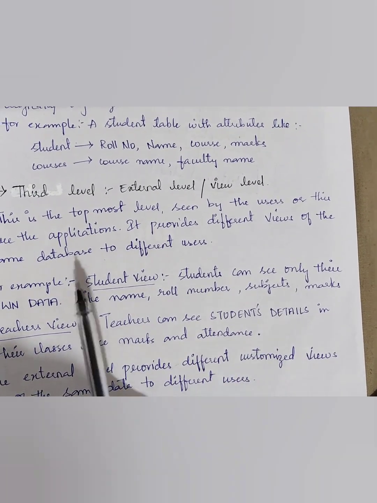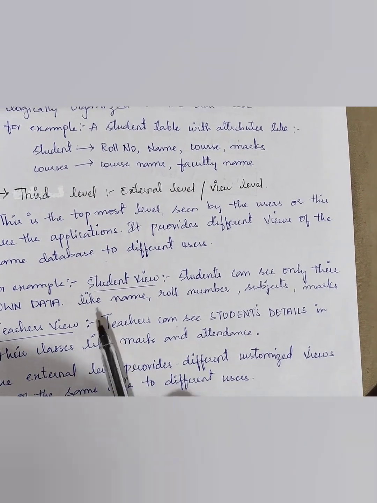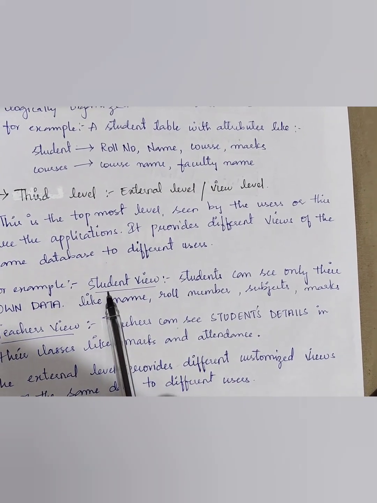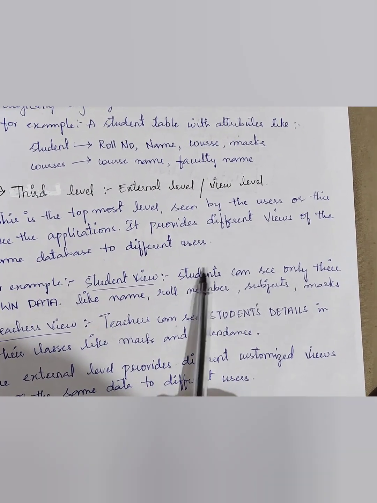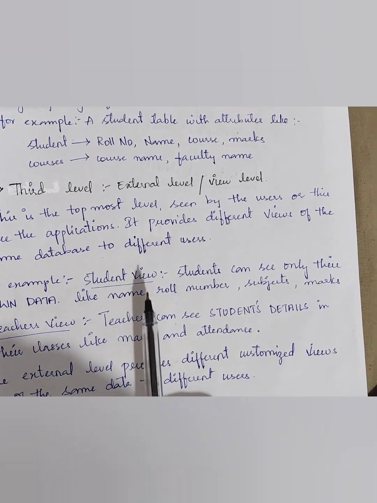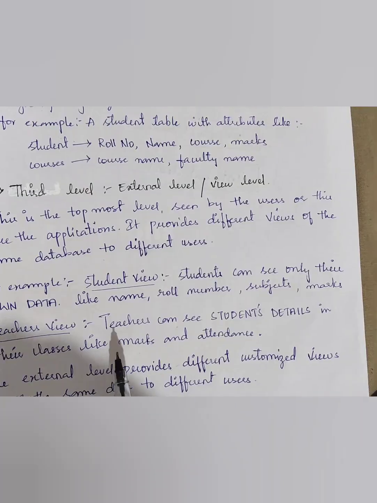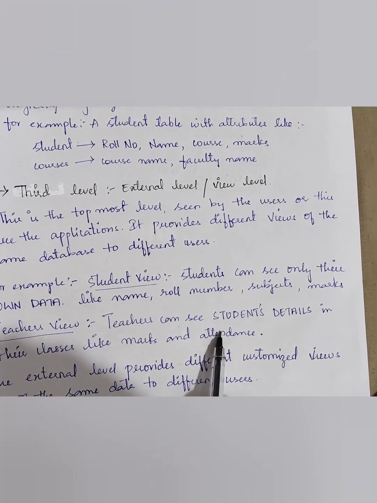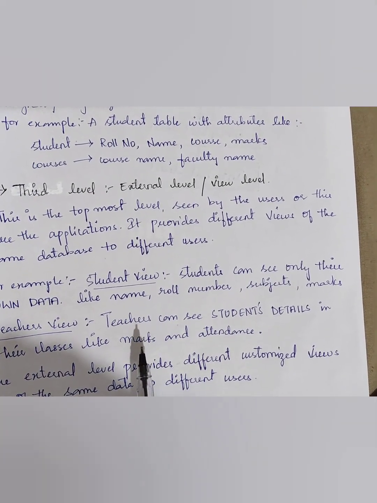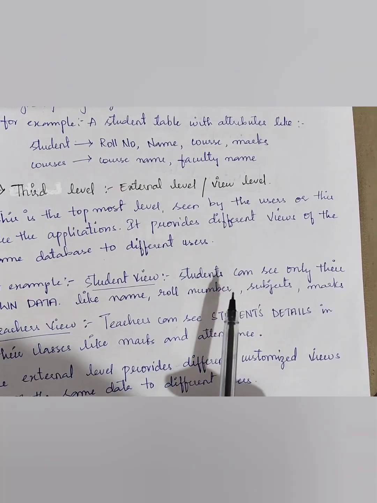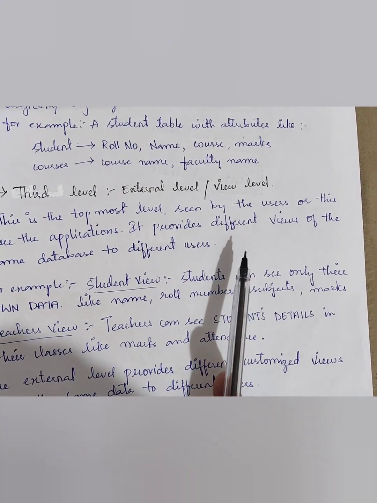Are you understanding? The data is the same, but the viewpoint is different. Students will see their own data, and teachers will see the students' data, like their marks, their attendance, their results. So the viewpoint will be different for each user.